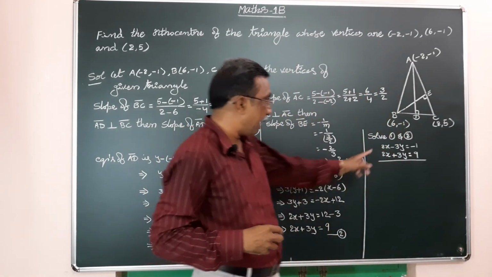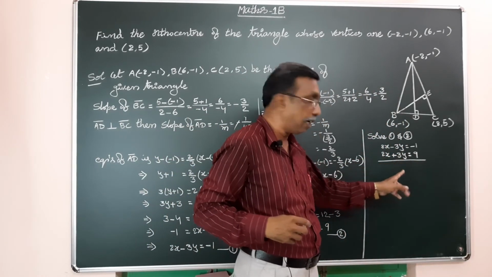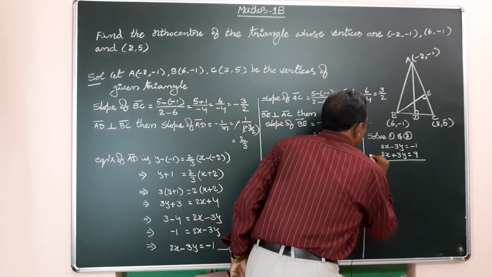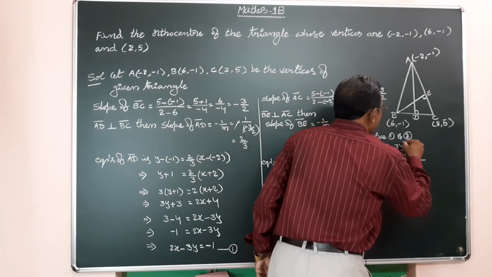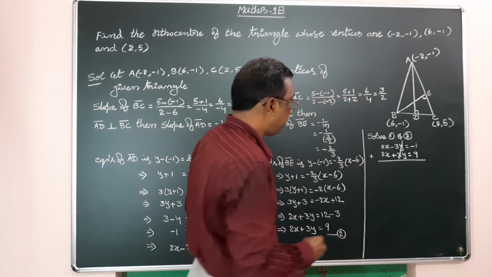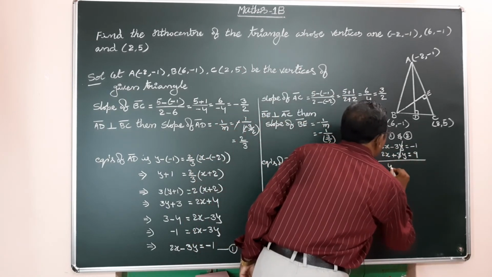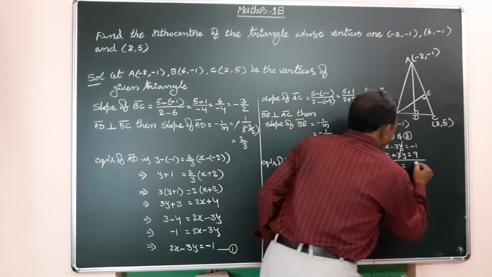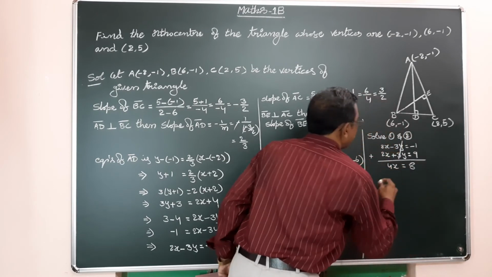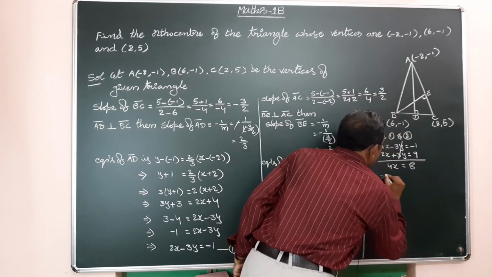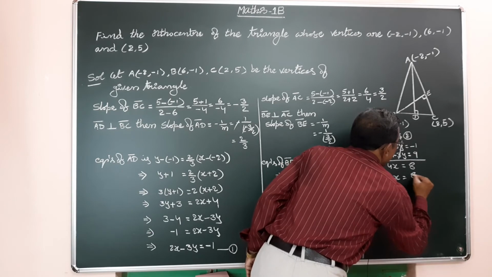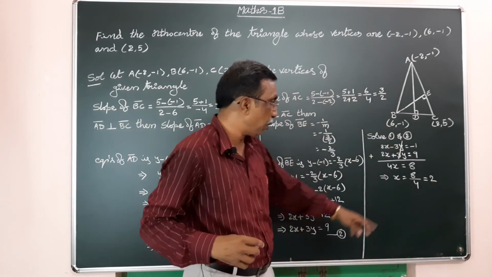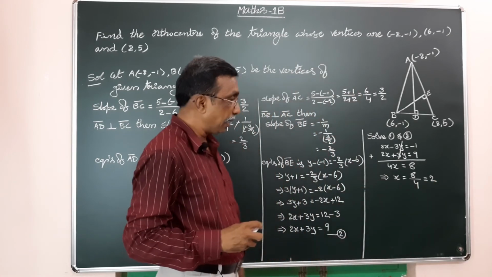Now observe, here 2x minus 3y, here plus 3y. Adding these two, plus 3y minus 3y is cancelled. 2x plus 2x, 4x equals minus 1 plus 9, 9 minus 1, 8. That implies x equals 8 by 4, that equals 2, 4 2s are 8. X value is 2.